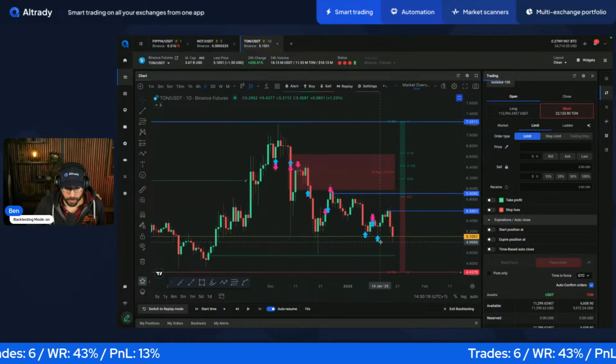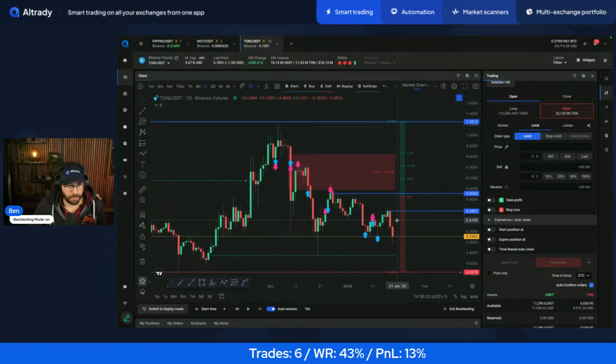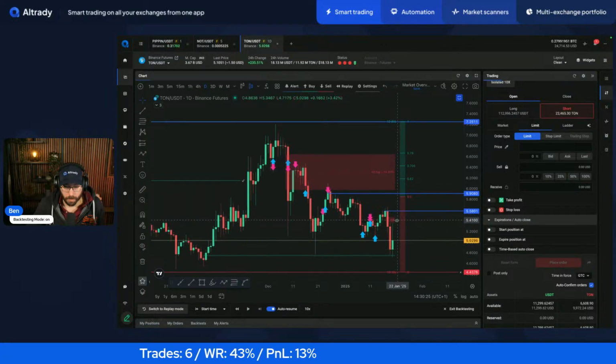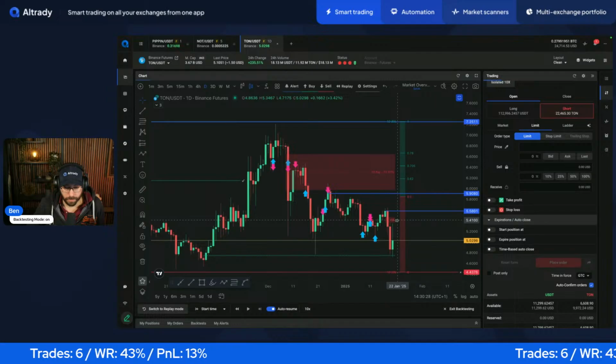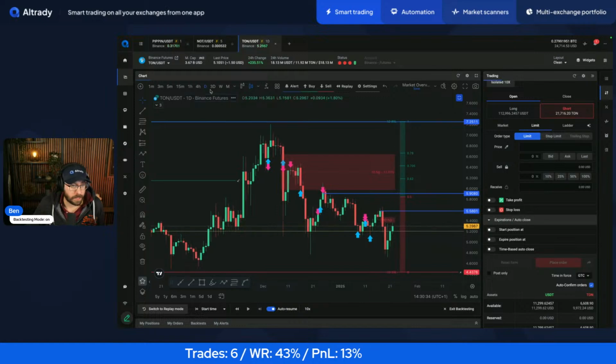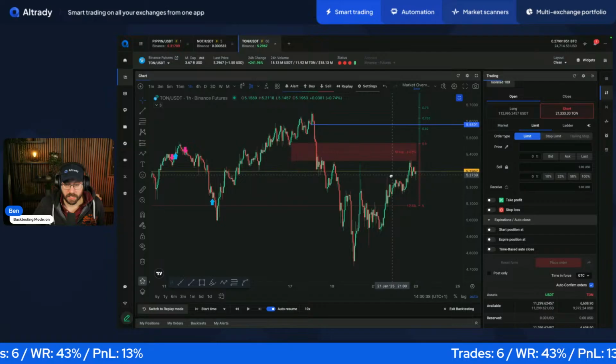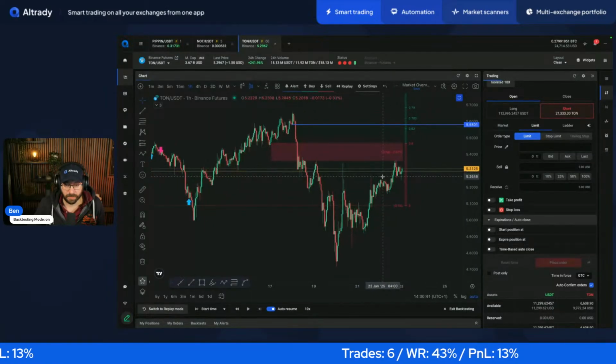Taking out this part. Yeah, we're probably going to go lower, so maybe hopefully going into this fair value gap. Almost. Taken out liquidity. That 1 day sell side liquidity is looking nice now. That's the entry. But it is tiny.